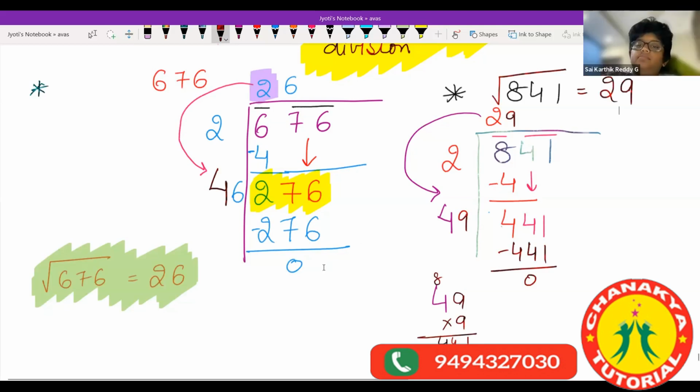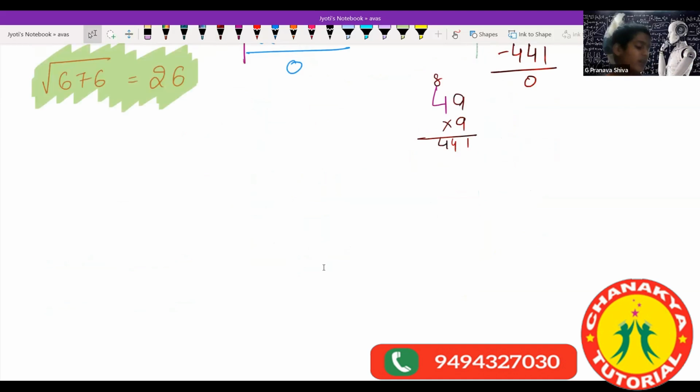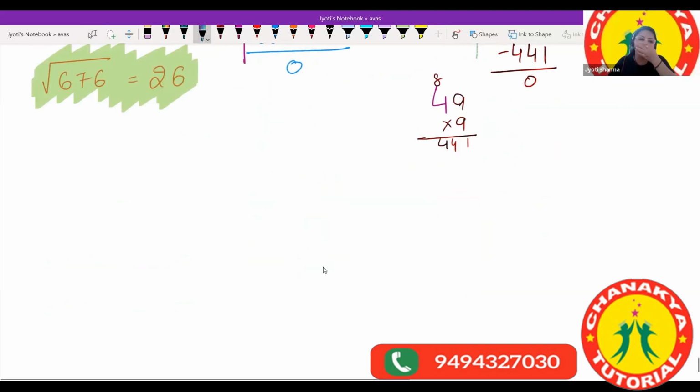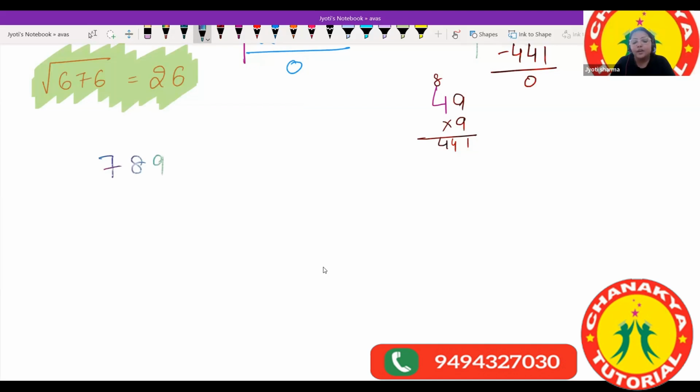Is it clear to everyone? Yes, ma'am. Ma'am, can we find the square root of 789? I'm not getting the remainder 0. That's right. 789, you won't find a perfect square. Ma'am, is it a perfect square? 27 square is 729, ma'am. But I'm not getting it by this. Okay. Let's check. First, let's do this question only.